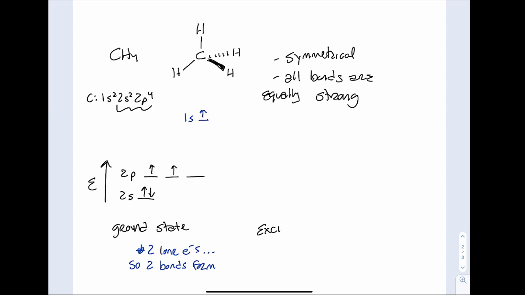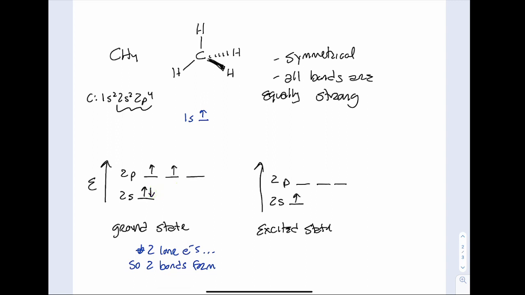What we're doing in the excited state is I'm going to take one of my electrons and excite it. I'm going to give it energy and bump it up to the next orbital. So I'm going to take one of these s electrons and move it up there.